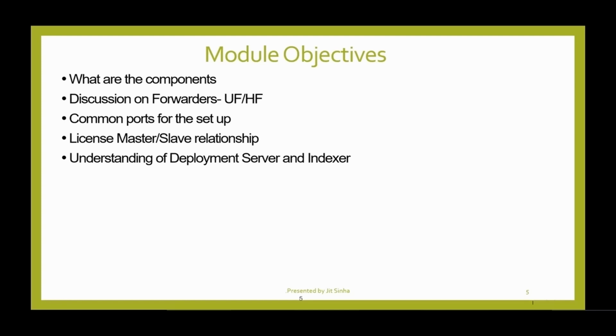So for example, let's say on a server, I am only concerned with monitoring the failed logins. If I have a heavyweight forwarder on that server, I will tell it: you only monitor the failed logins. You don't bother about all the other data. I don't want to consume the other pieces of data. You only monitor the failed logins and pass them to me.